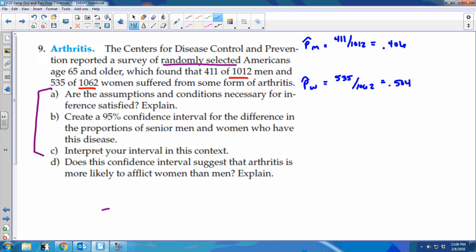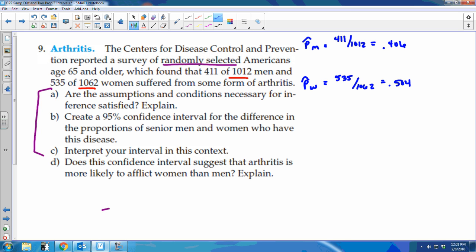You could do 0.504 times 1,062 and then the complement times 1,062. Or they give it to you as counts. So you could just say 535 is greater than 10. And then 1,062 minus 535 is 527. Okay, so you can multiply or you can look at the counts. Regardless, you have to show me that success failure is achieved for both groups.